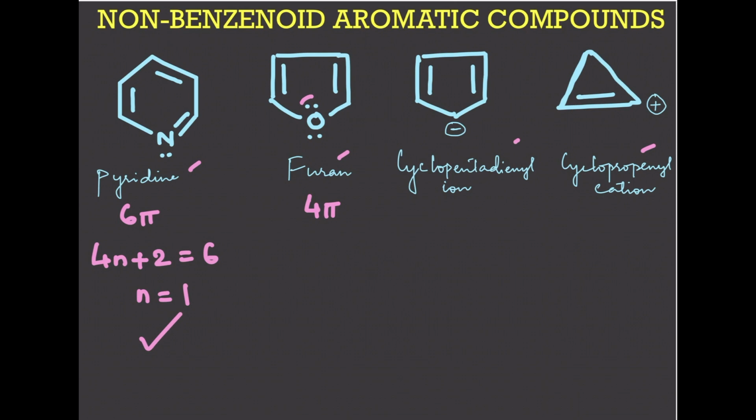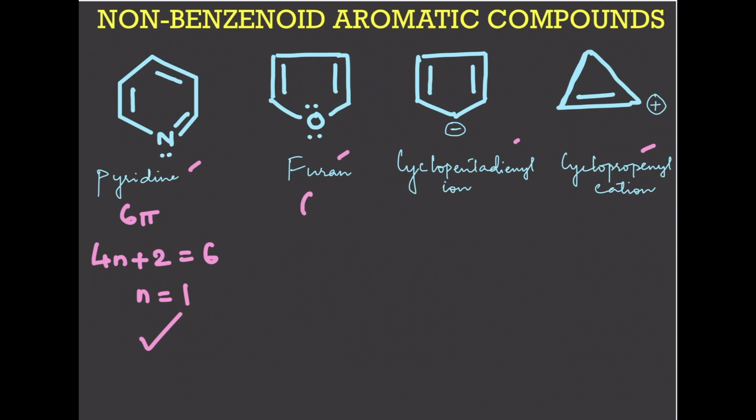The lone pair on the oxygen atom enters into conjugation with these 2 pi bonds, and so we have to count these lone pairs as pi electrons because they participate in delocalization. So altogether this pi bond has 2 pi electrons, this pi bond has 2 pi electrons, and the third set of pi electrons will come from the lone pair of the oxygen atom. So altogether there will be 6 pi electrons in furan.